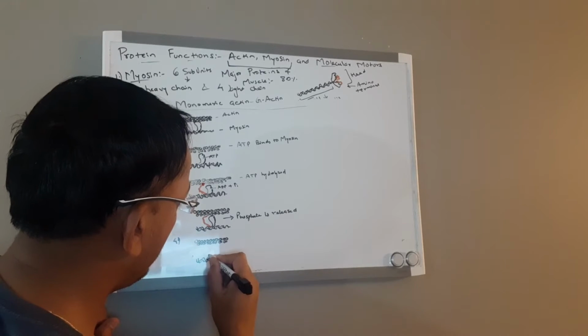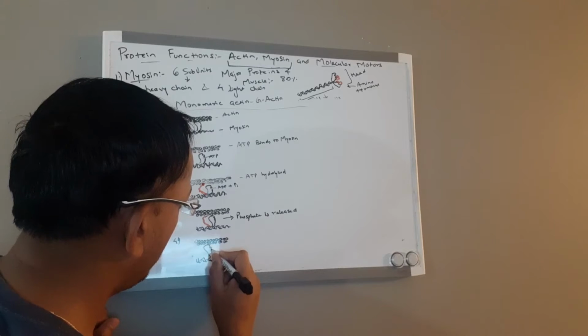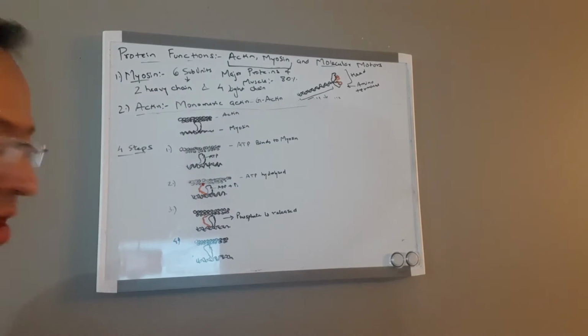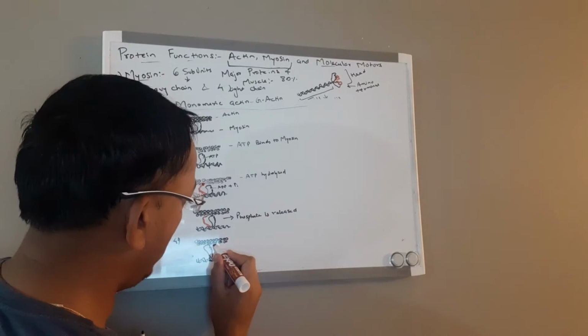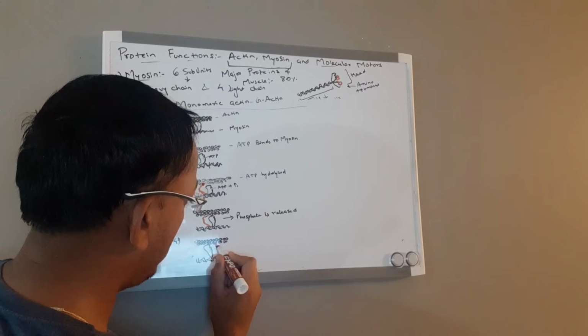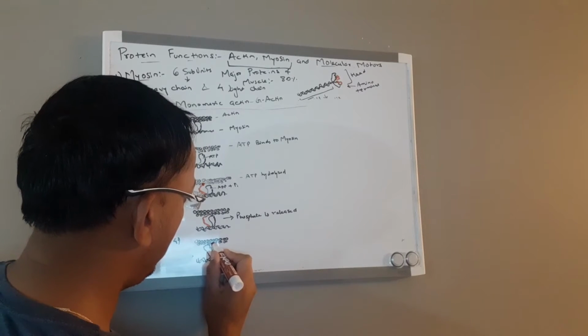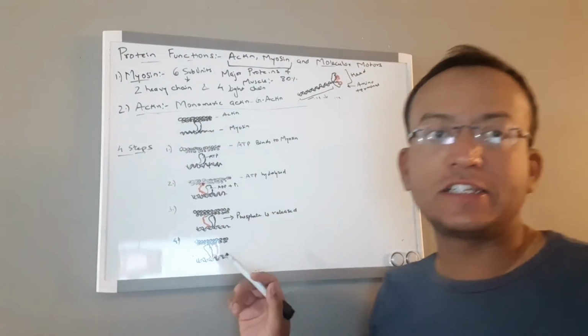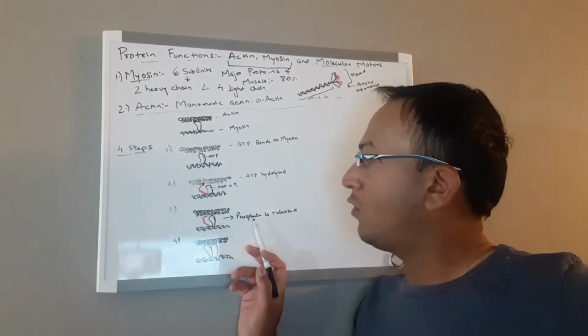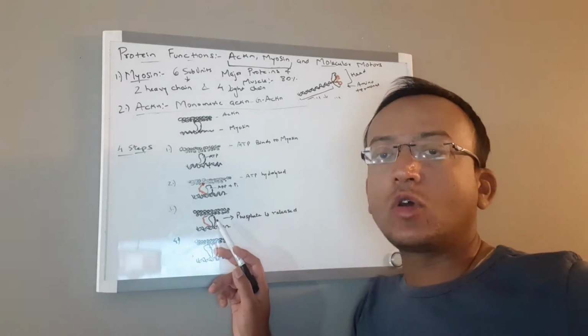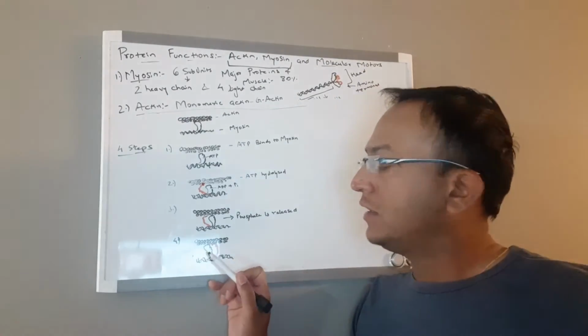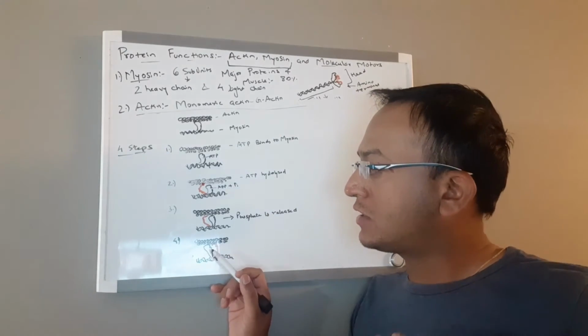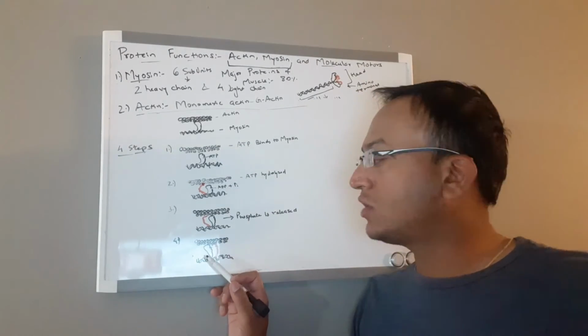So for example, it was on this side, right? So that will come back here, but it's here. Alright, so in step 4, as soon as the phosphate is released, the myosin cleft is closed, and this process quickly goes in step 4.